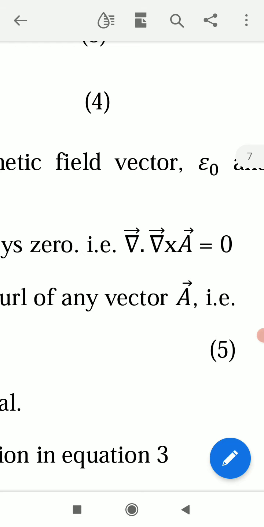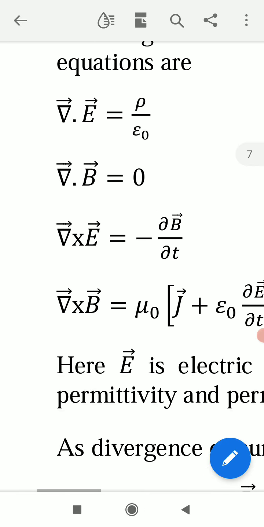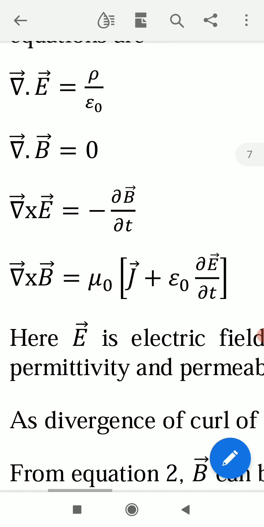Then from the second Maxwell equation, del dot B is 0, so we can write B vector as del cross A, because del dot del cross A is 0.